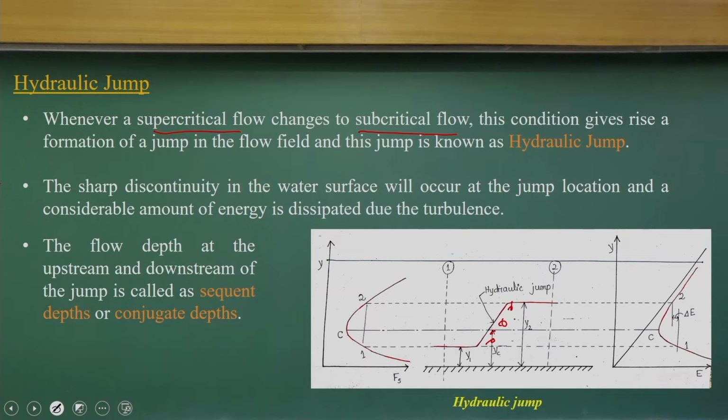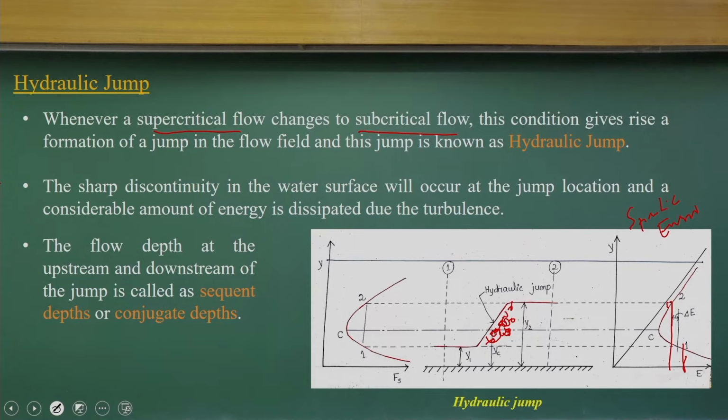Now look at the specific energy curve. If I consider y1, the energy at this point is this, and y2 is the energy here. There are energy losses in the hydraulic jump, through noise or sound production, heat energy and turbulence energy.